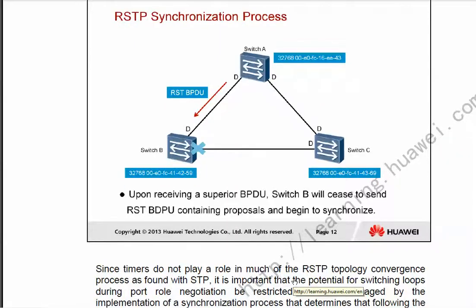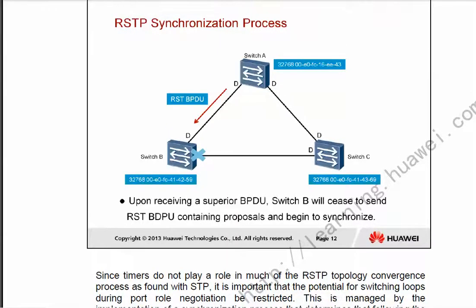RSTP synchronization process. This process is like a handshake. So the root sends the BPDU proposal. If the downstream receives the BPDU proposal, it will set all its designated ports to discarding.